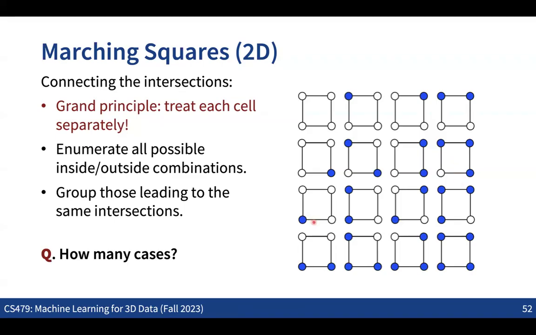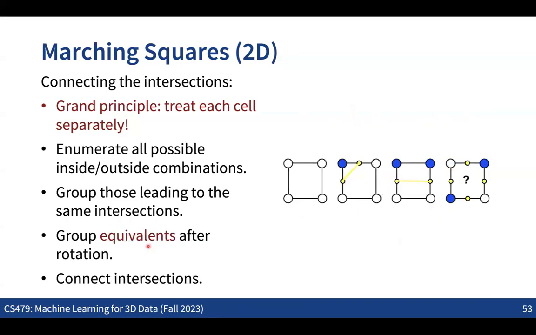It's the same in this case. So as you can see, based on this symmetric relationship or flipping relationship, we can group all these 16 cases into equivalent cases. Then at the end of all the grouping, we see only those four cases. Make sense?